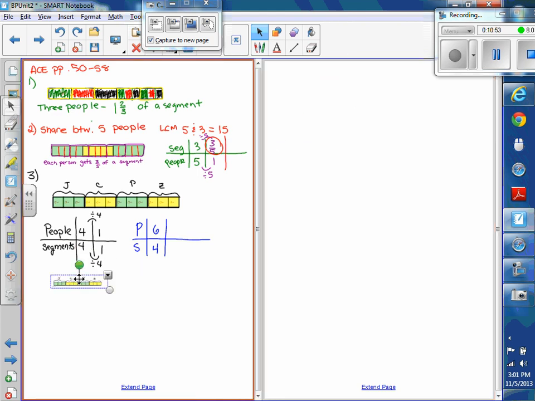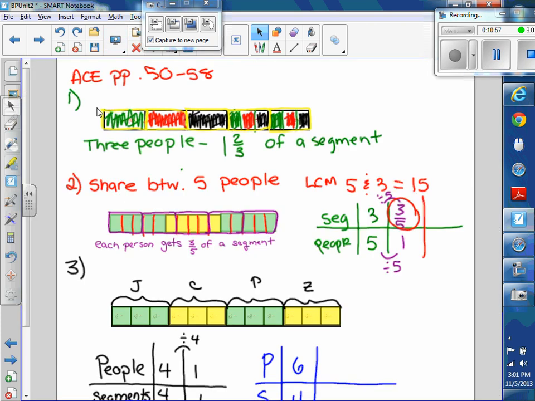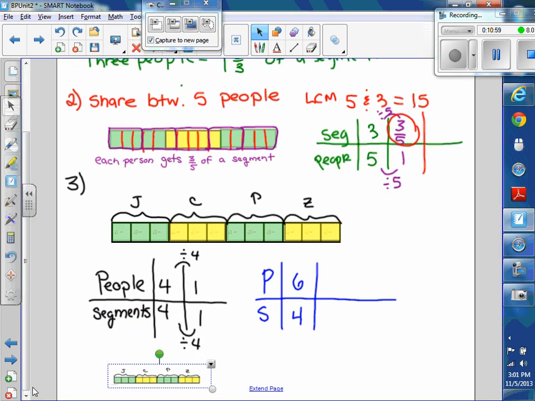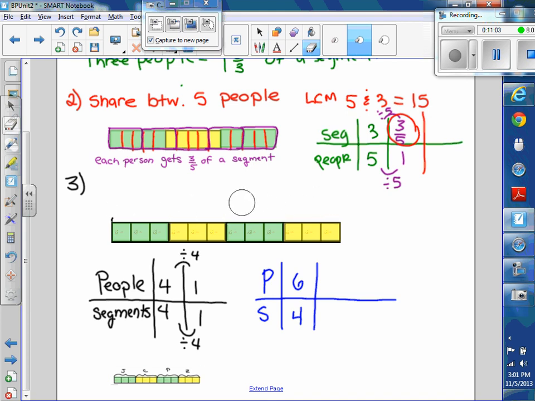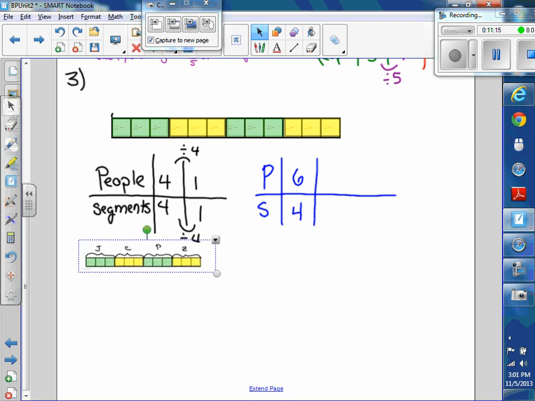And then I'll erase our bar and do a new one. So for 6 people, we're going to start again. Same problem, but different people. Okay, so this one goes with the ratio table right there.